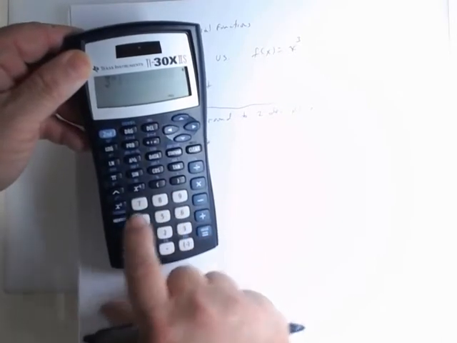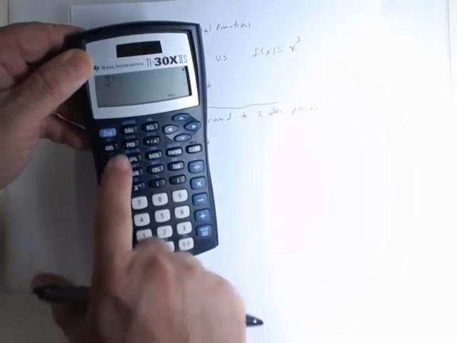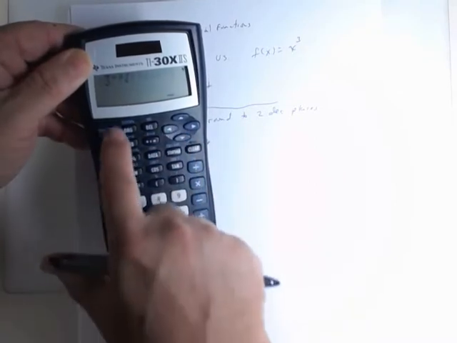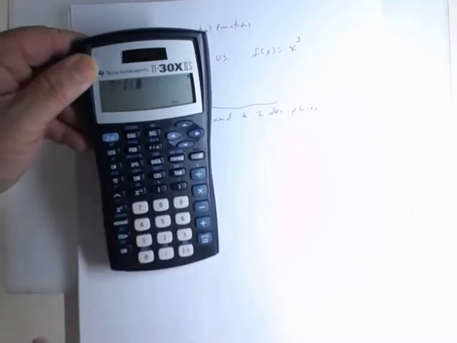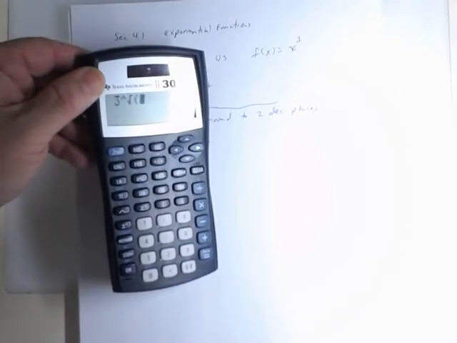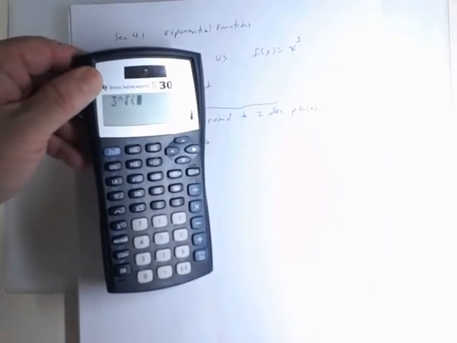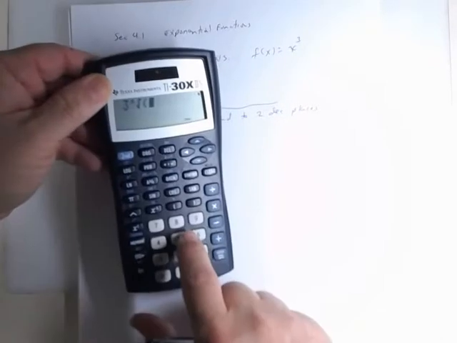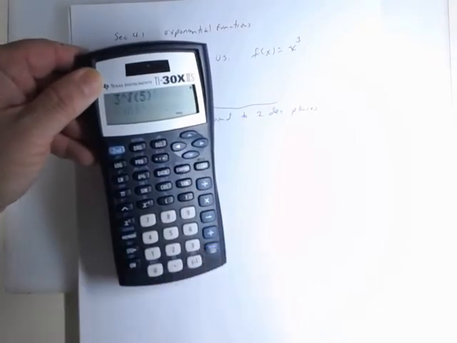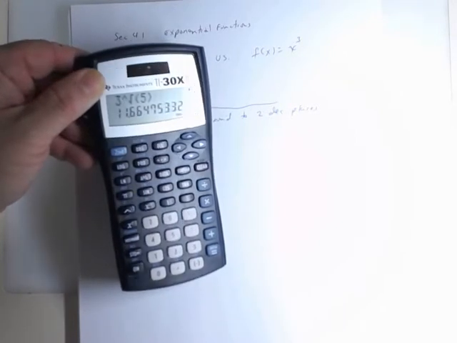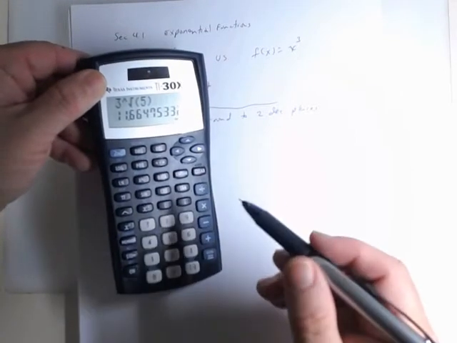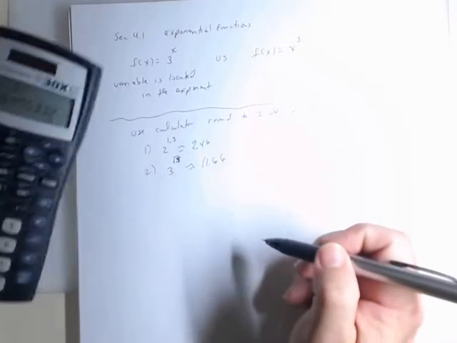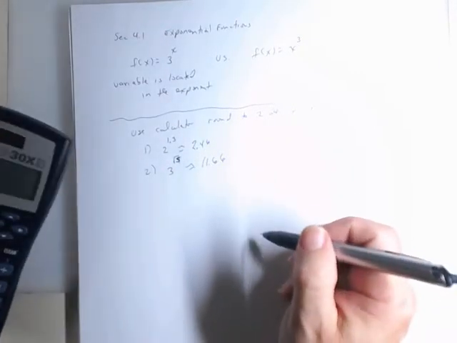So you got to press the square root button. Looks like this, right? It puts a parenthesis in there. What goes inside the parentheses? 5. Close parentheses. Press equal. And you get 11.66. Okay? 11.66.